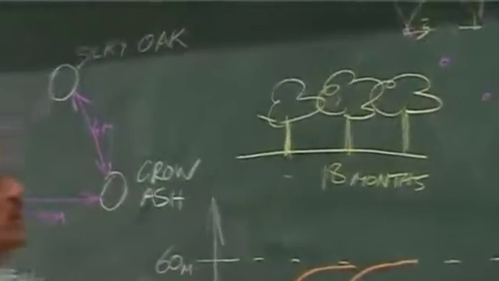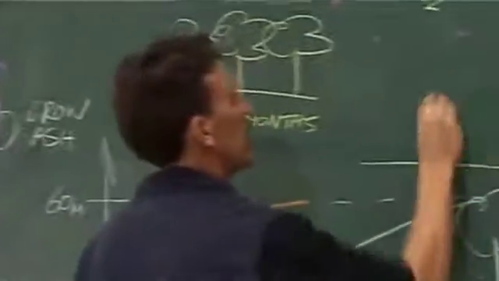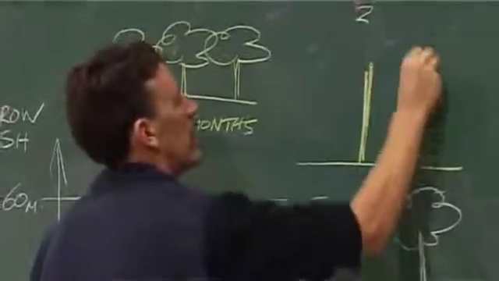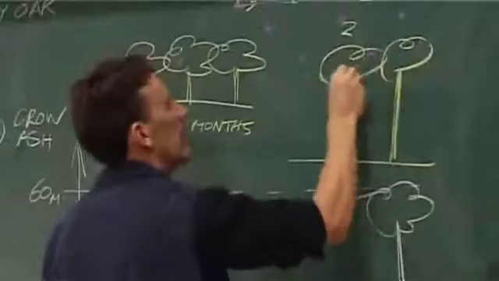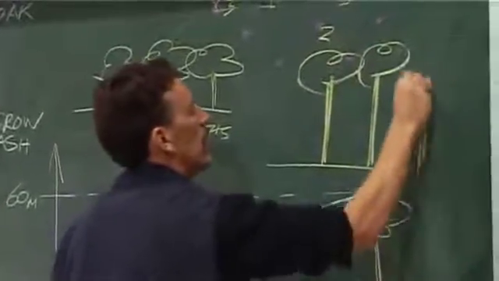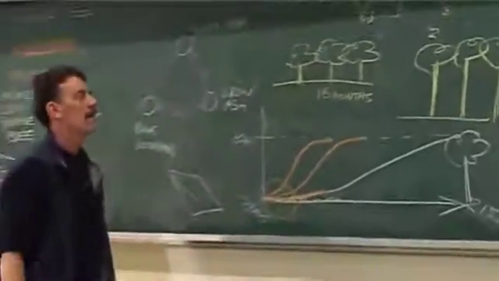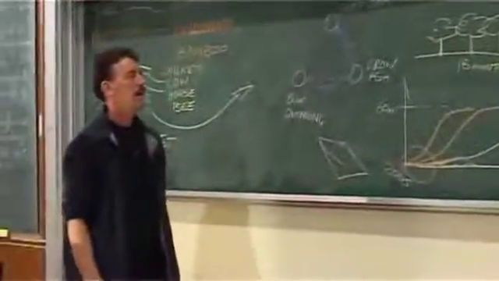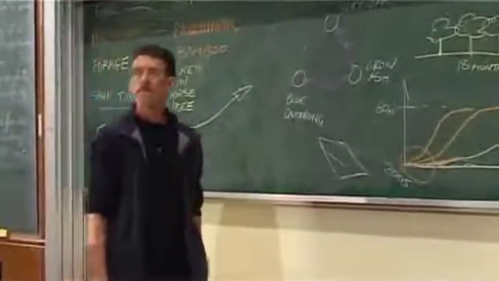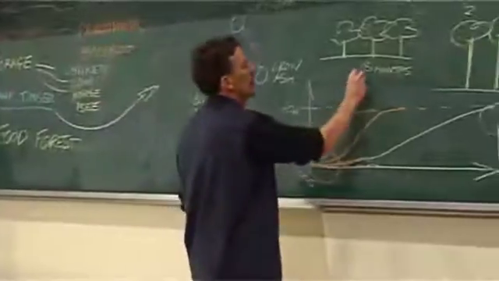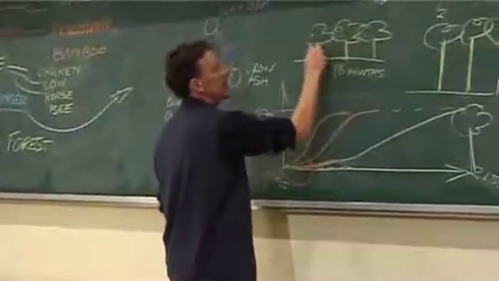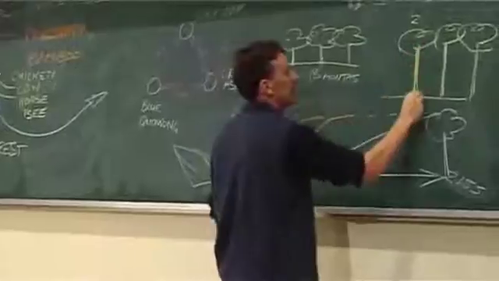And then from then on, they race each other up. And if you get it right after 18 months, there's just about no maintenance. There's a thinning at 5 years.